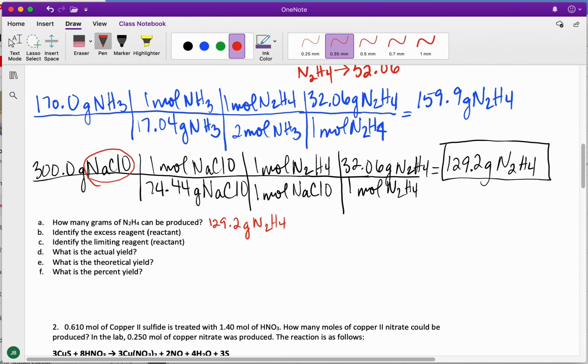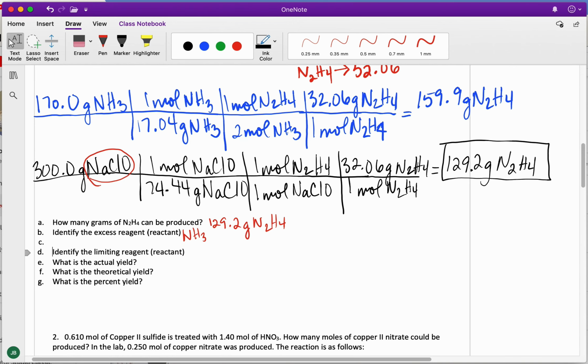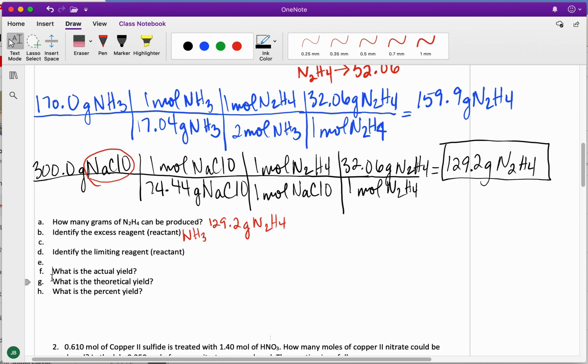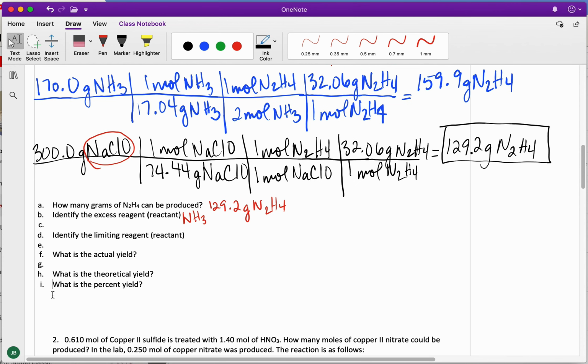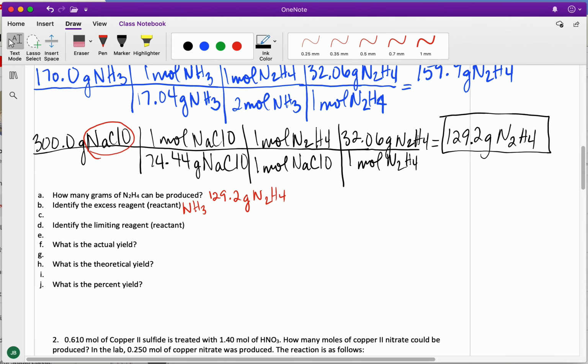What is the excess reagent? That is going to be the ammonia. And you know what I'm going to do? I'm going to put some space in here so it's a little easier to read. All right, the limiting reagent, that's going to be the sodium hypochlorite.